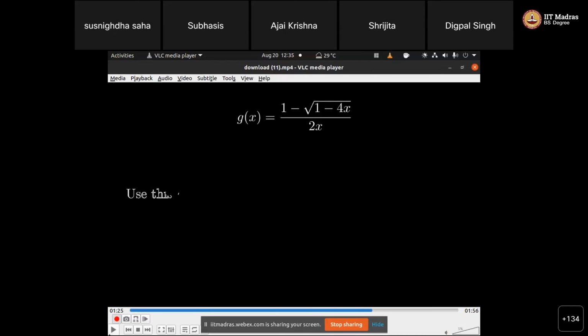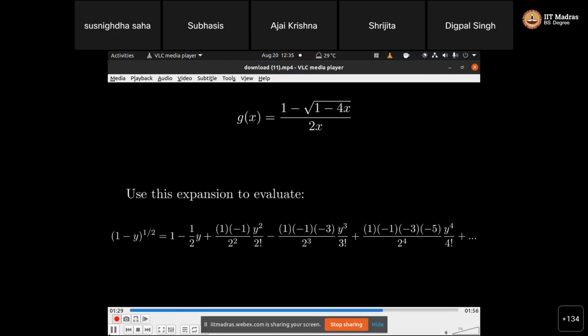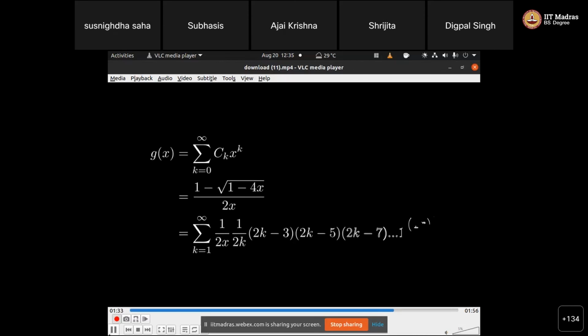To evaluate this, we can use this expansion. Here, we'll replace y with 4x, and you can simplify it a little bit and we'll get this final expression.